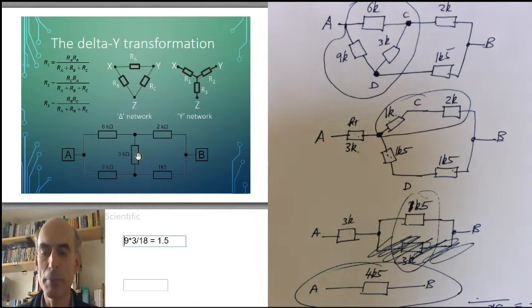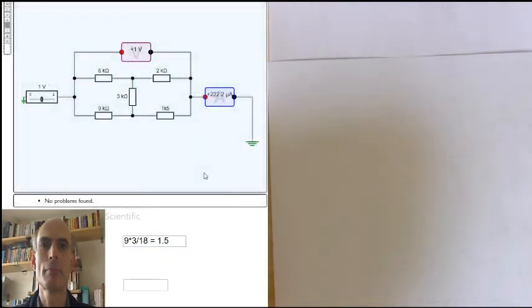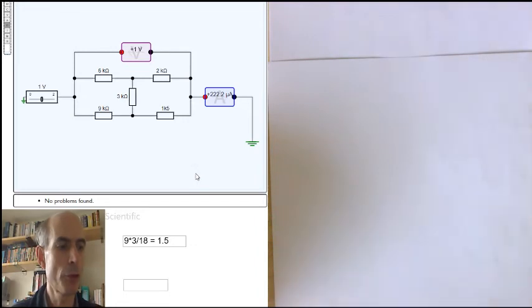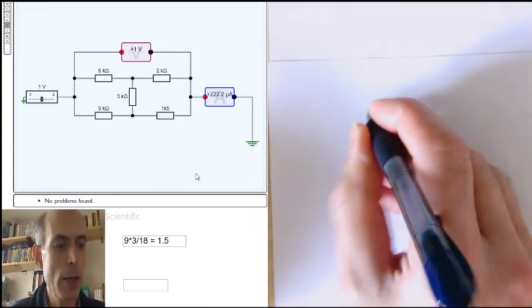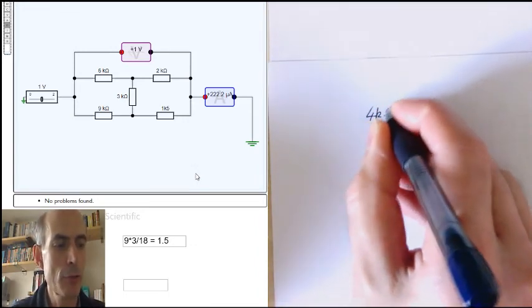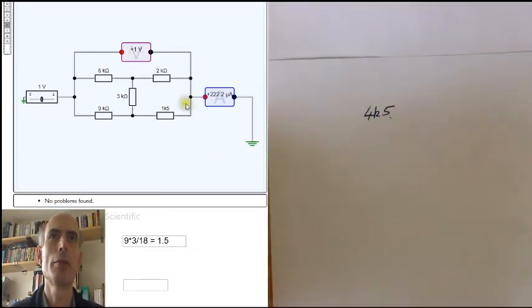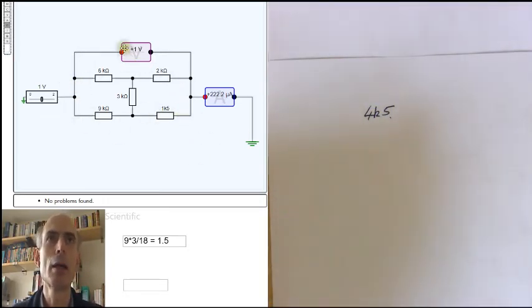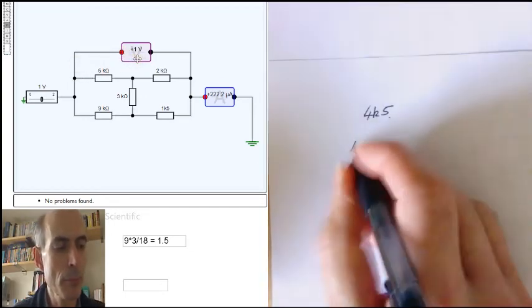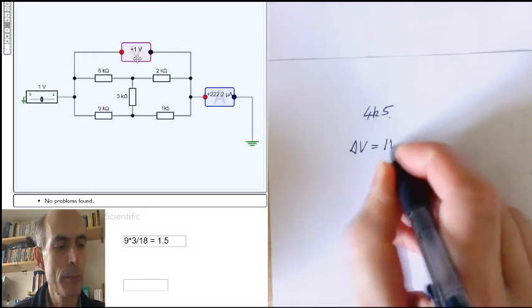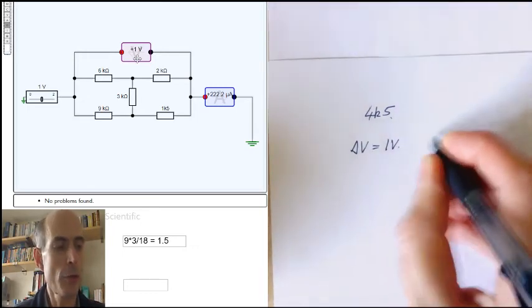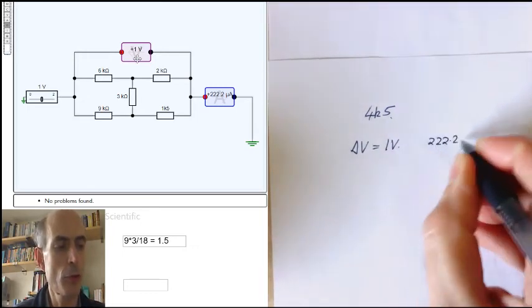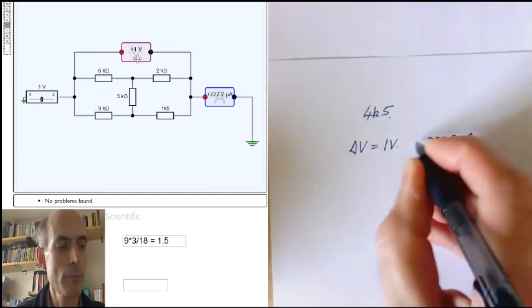We can check it out in the simulator, just check that I've got my maths right. Okay, remember we predicted this was going to be a 4K5 resistor in total. This resistance here behaved like a 4K5 resistor. See, the total voltage across it, in this case, is 1 volt. The current flowing through it, 222.2 microamps.